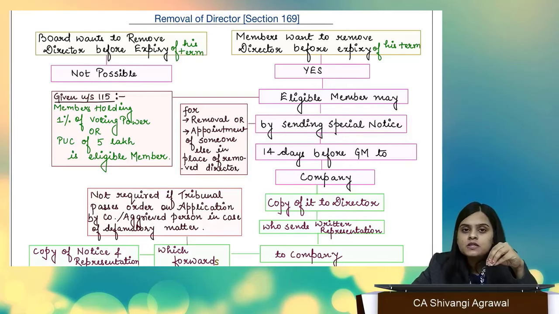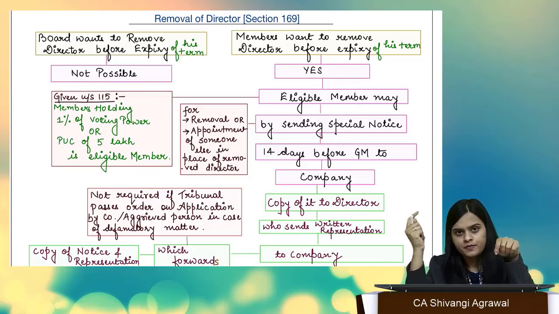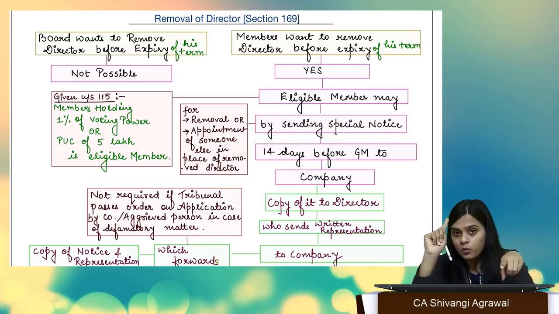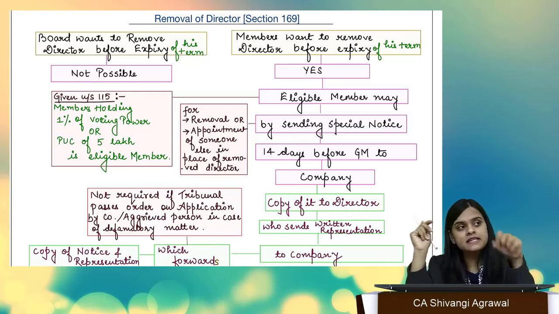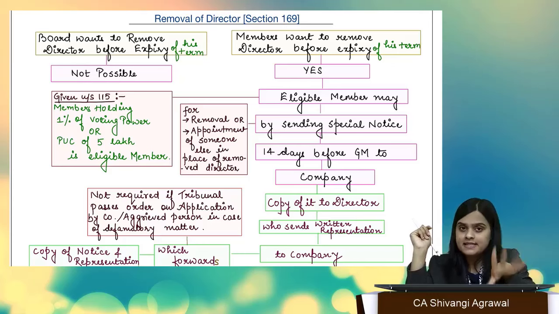This special notice can contain two things. One, we propose, or the intention, we intend to propose for the removal of Mr. X as a director. Point number one. Or it may say, we intend to propose to remove Mr. X as a director and appoint Mr. Y in his place.